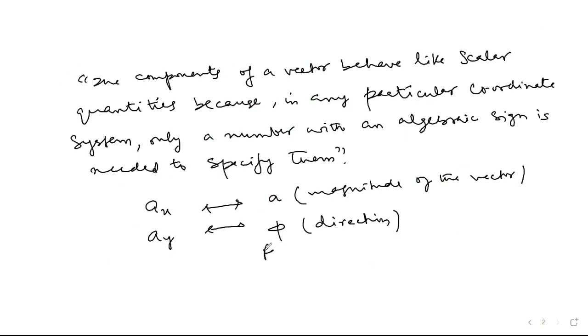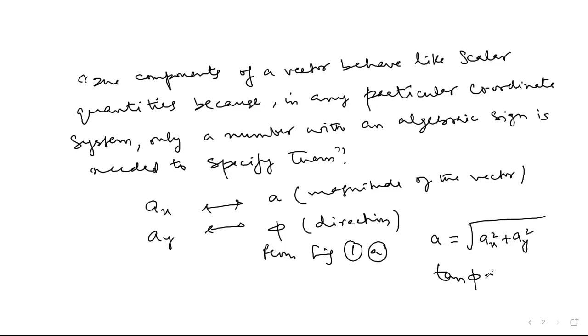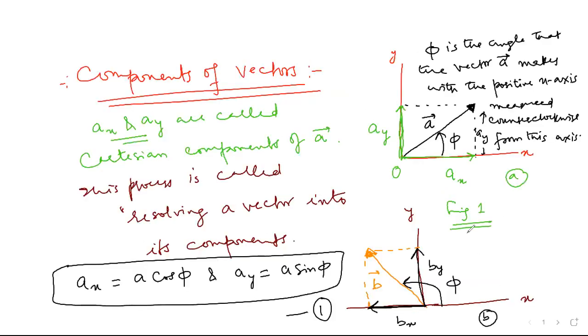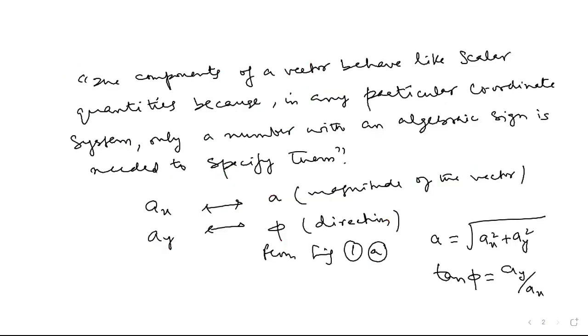So from figure 1a, I can write A, magnitude of the vector A, as square root of ax square plus ay square, and I can write tan phi as ay by ax. You can see tan phi is ay by ax, and A square is ax square plus ay square. So A is the square root.